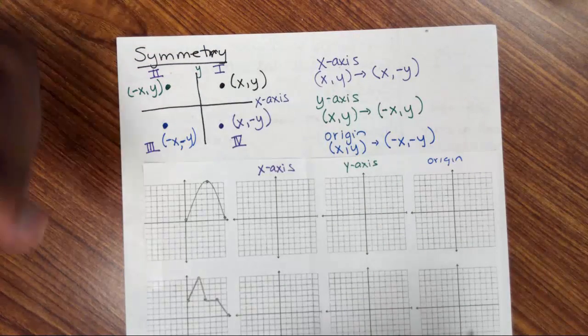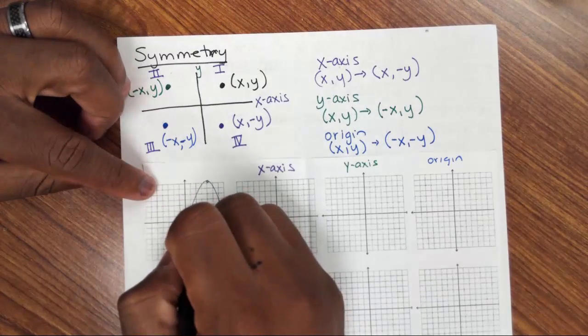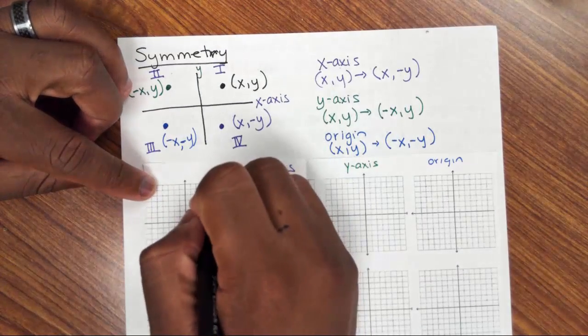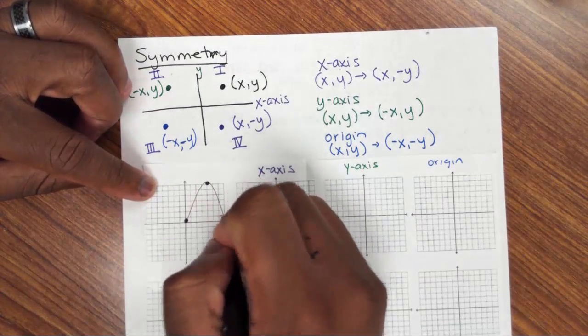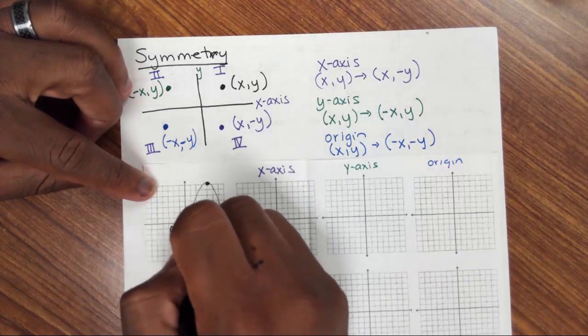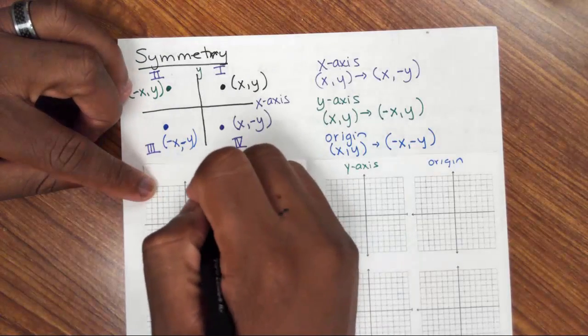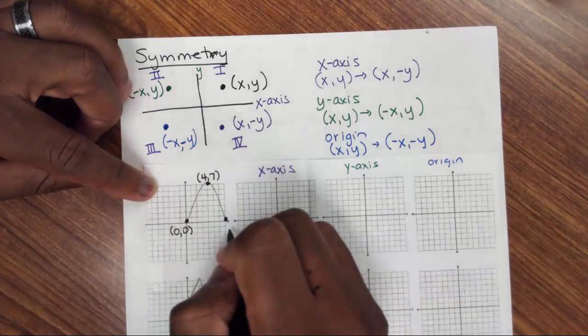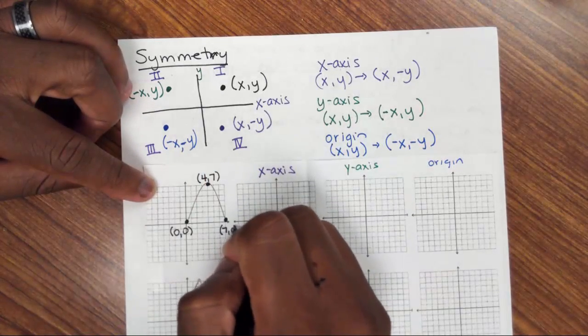And we're going to do that by identifying the points on the original function and using our rules to flip those points. So this point is 0, 0. This point is 4, 7. This point is 7, 0.